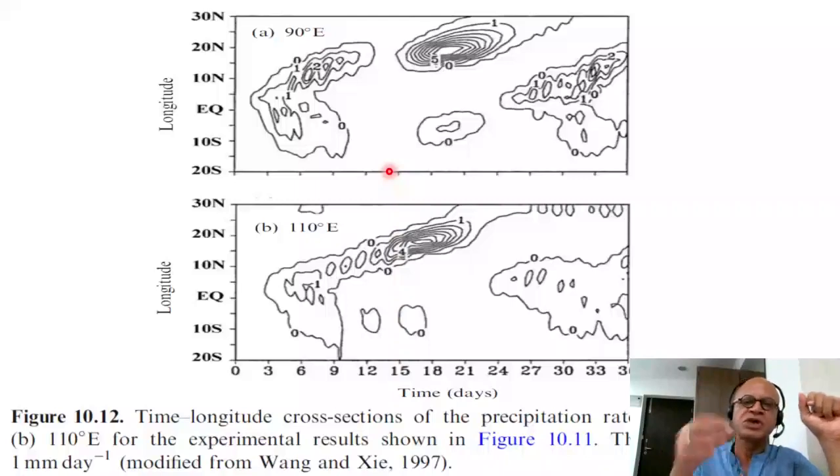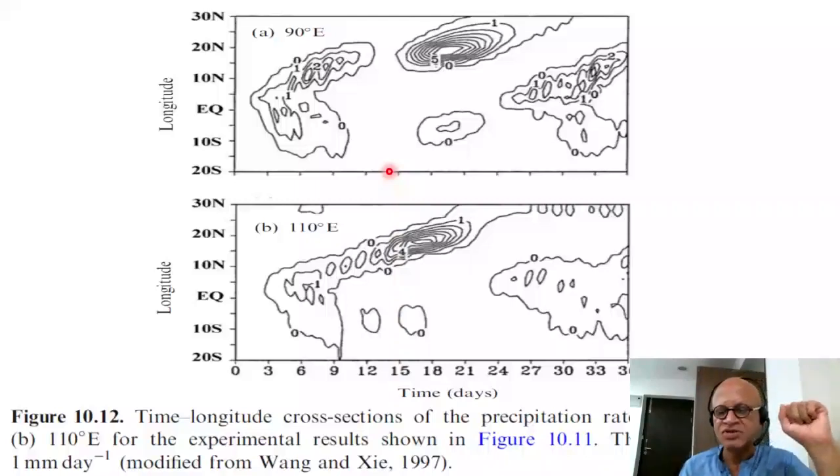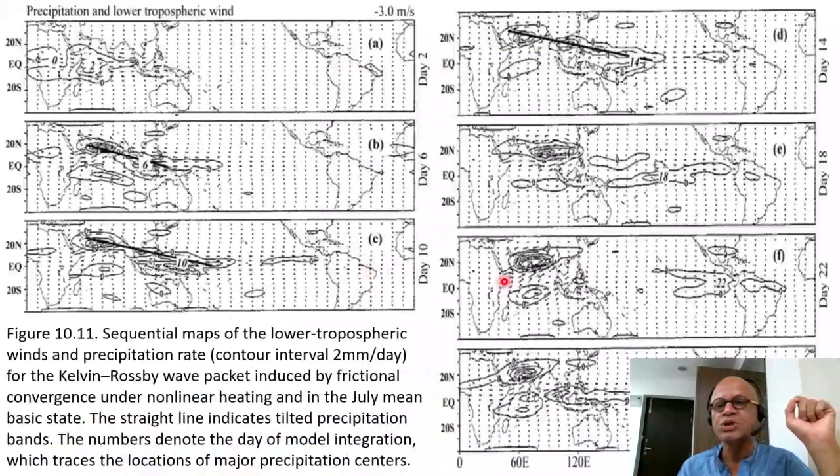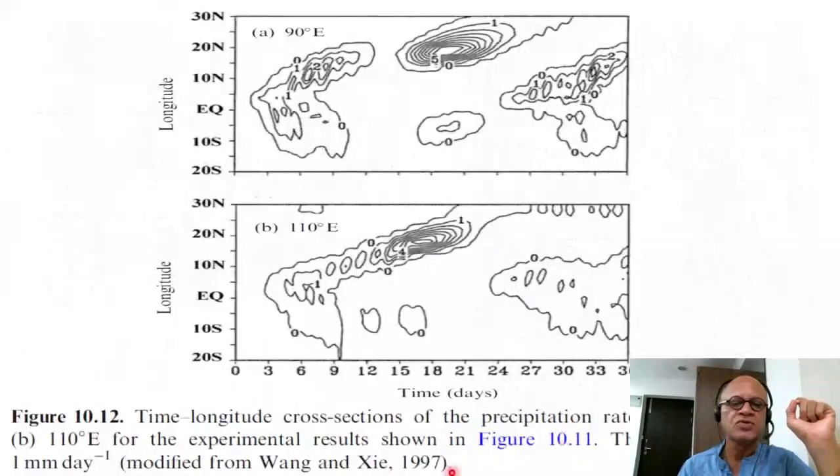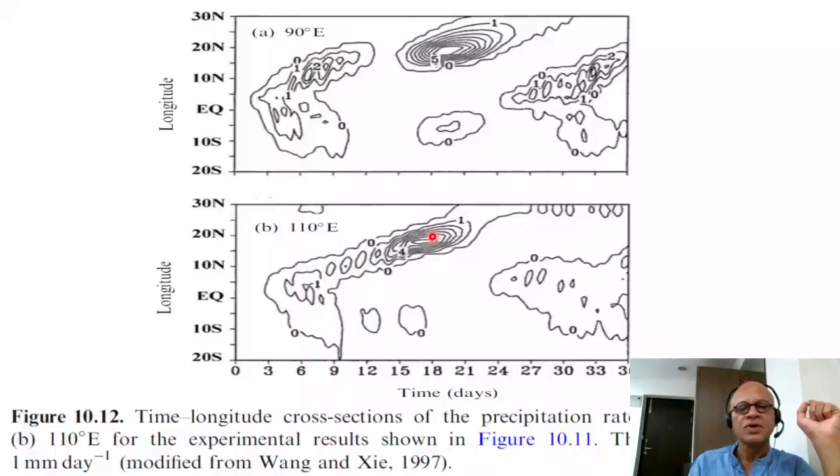Of course, northward propagation and the convection creates conditions favorable for low pressure systems to form, and this is at 110 degrees east, which is much more here. So here is 120 east, and 110 east is somewhere here in the South China Sea, Thailand, Burma region. So here, this is time and this is latitude, so you clearly see northward propagations in both these locations, 90 east and 110 east, in this model.